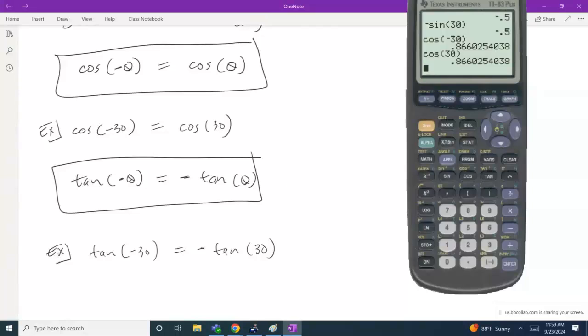So notice we're making negative angles positive angles, with some adjustments though. Just to look at this on the calculator, the tangent of negative 30 degrees is negative 0.577. Negative times the tangent of positive 30 degrees has that same value.